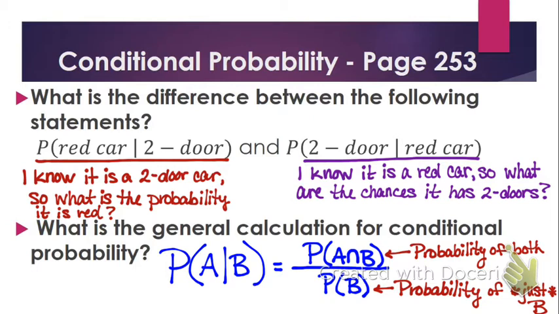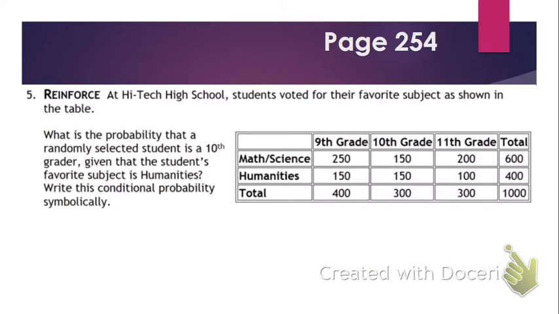All right. Let's actually look at a table and practice that a little bit. If you flip the page to page 254, I want to know on this problem, what is the probability that a randomly selected student is a 10th grader, given that, what does given that mean?